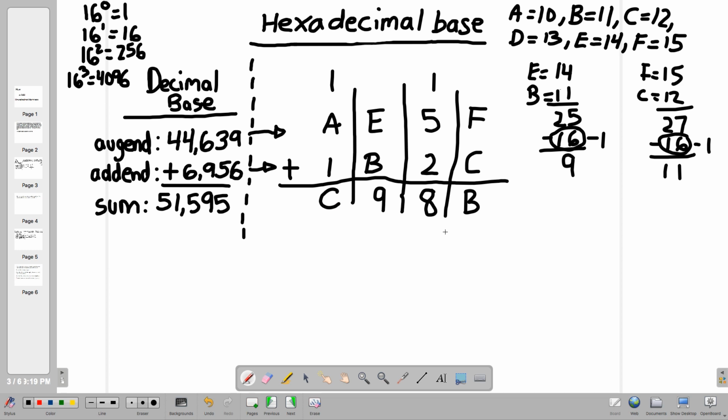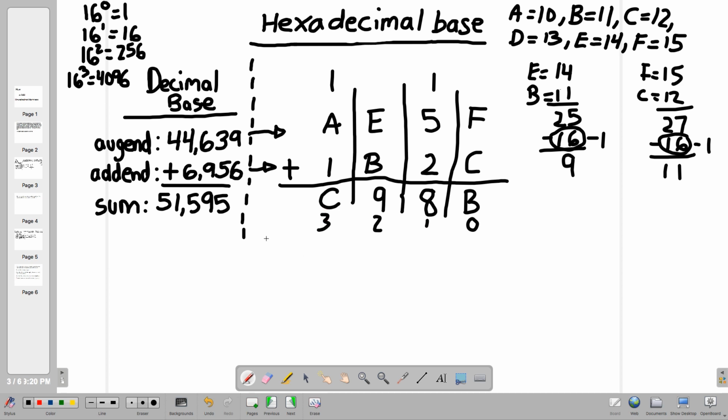Now let's check to see if the value C98B is the decimal equivalent of 51,595. As we had to the left, I show you the positions. This is the 0th position, this is the first position, this is the second position, this is the third position.